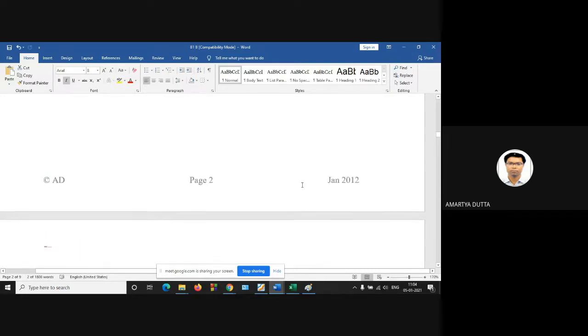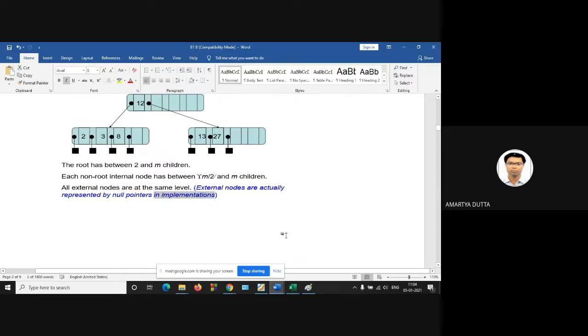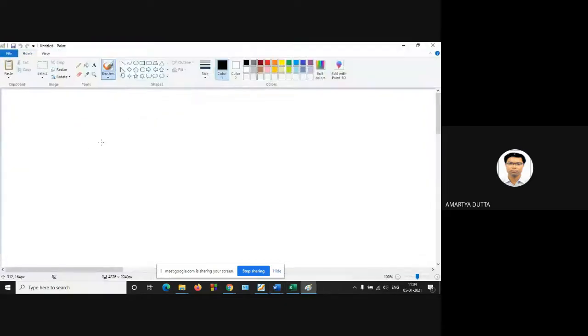Now insert 10. Actually this tree grows in the upward direction. So m is 5. First child, second child, third child, fourth child, and fifth child.